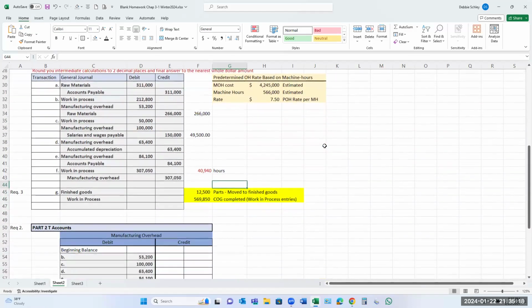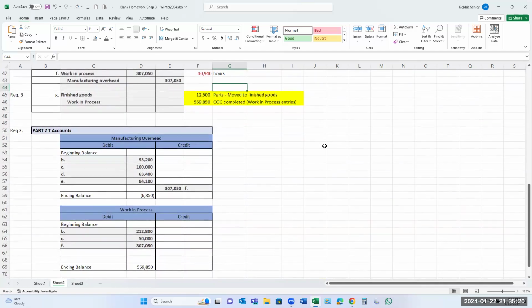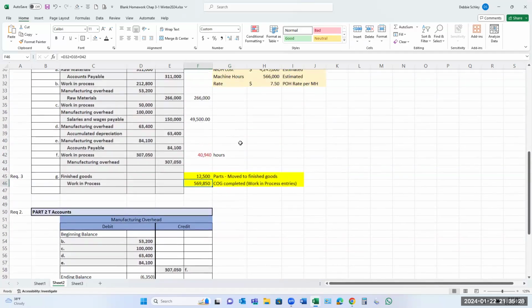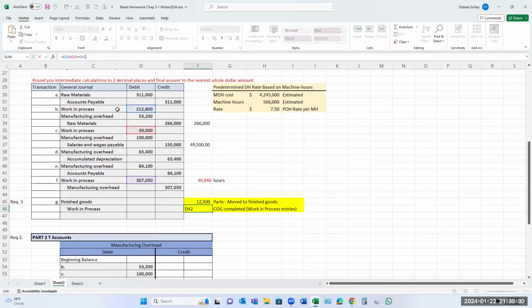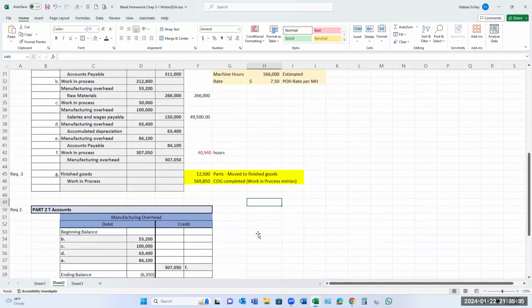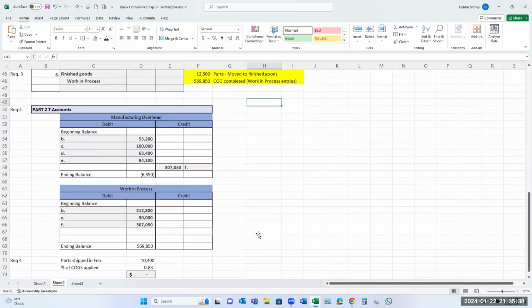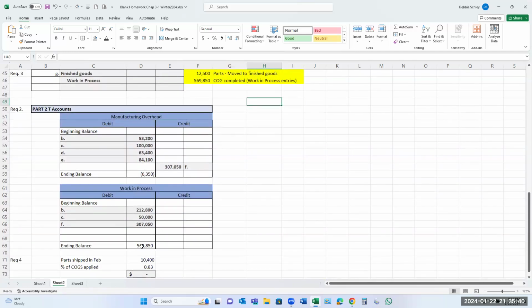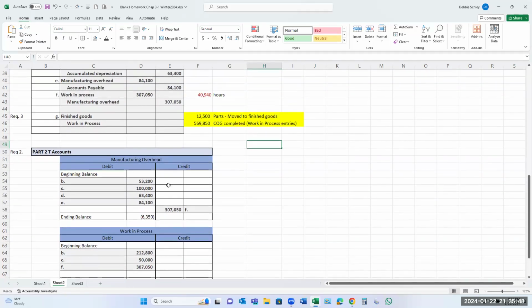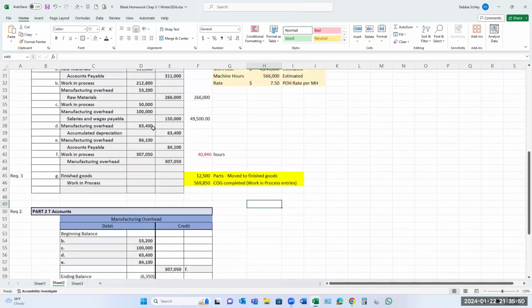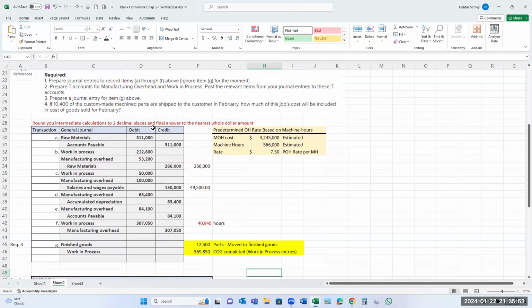So the amount for that 12,500, you can either add it from the work in process entries that are debits up here, or if you look at part required 2, there's a balance right here. So it's your direct labor, your direct materials, and your manufacturing overhead applied, right?